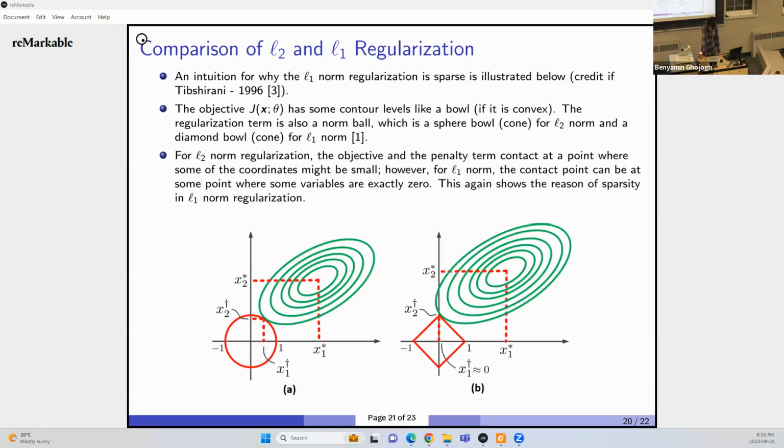This comparison I already talked about, but again, Tibshirani showed this comparison for Lasso regression. So what is this, by the way? Figure A is ridge regression. Figure B is Lasso regression, where ridge regression uses L2 norm regularization and Lasso regression uses L1 norm regularization. Agreed?